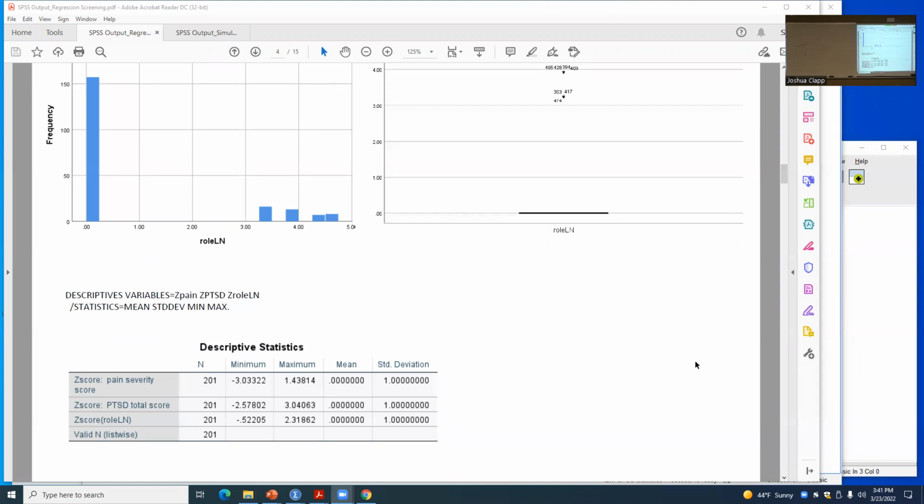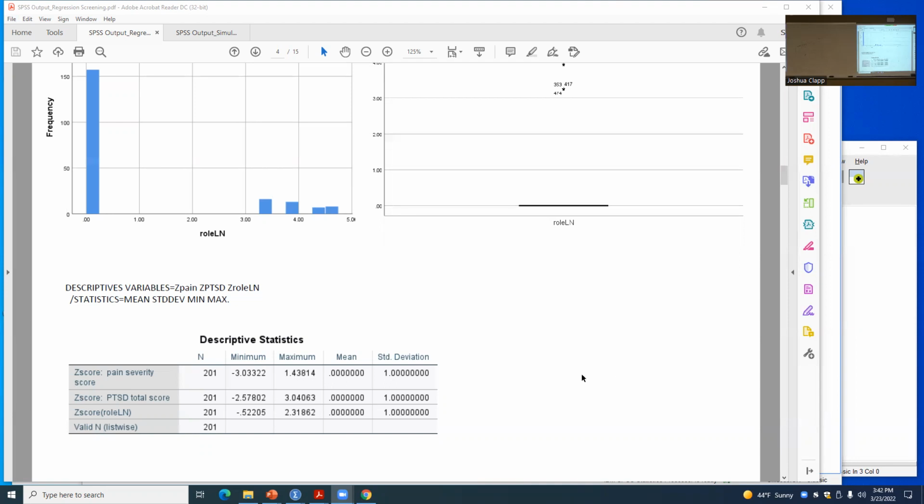Okay. So once we've gone through and done that, what we would do is take a look at our standardized scores for our cases here. And if we do this, Elizabeth, do we see any concerns with extreme values based on our Z scores here?